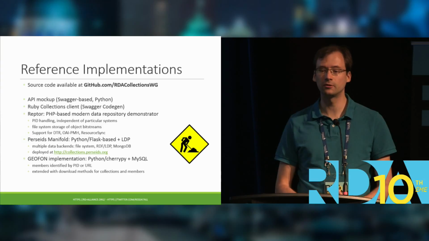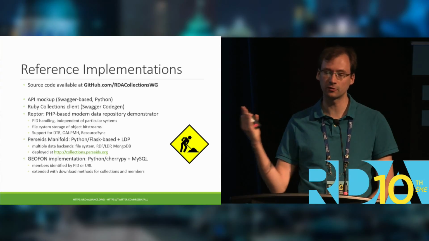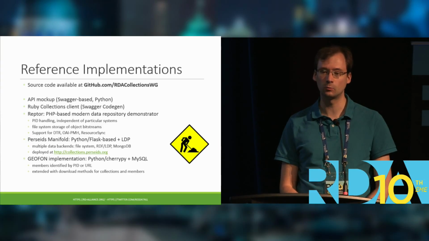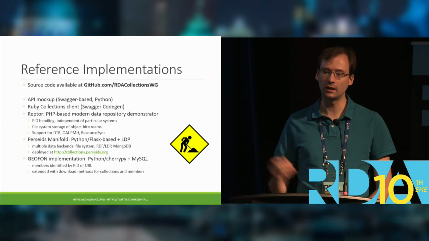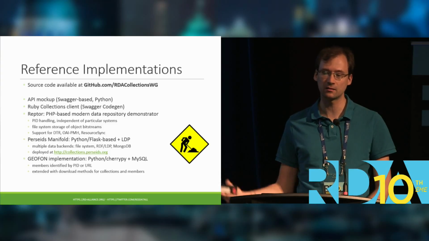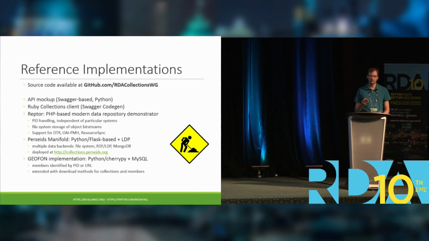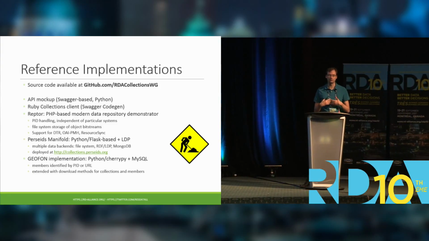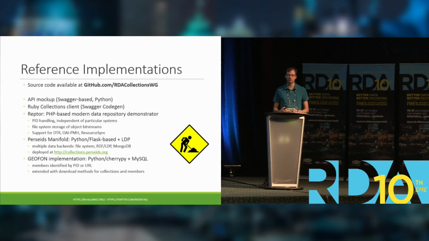Now, talking about reference implementations. First of all, the GitHub webpage for this group lists these reference implementations with the source code openly available. We have multiple implementations represented also in different languages here, so many of them are Python-based. We also have, of course, a first client that is written in Ruby.